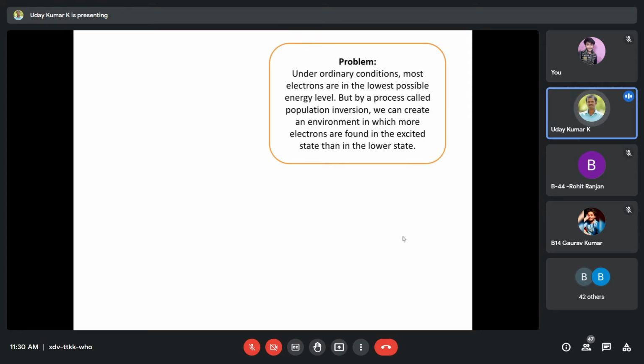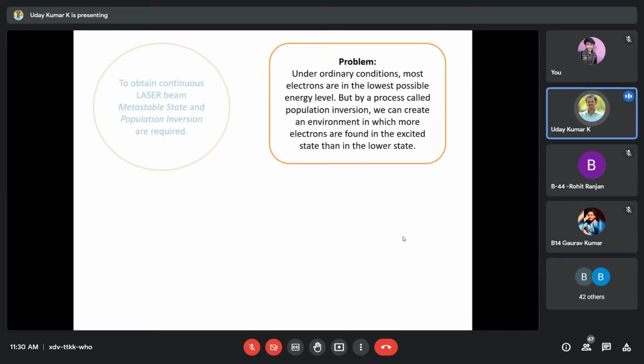So you need to create population inversion. Normally you have a large number of atoms in the lower energy level and only a few in the higher energy level. Inversion of this is called population inversion: creating more atoms in the higher energy level compared to the lower energy level.